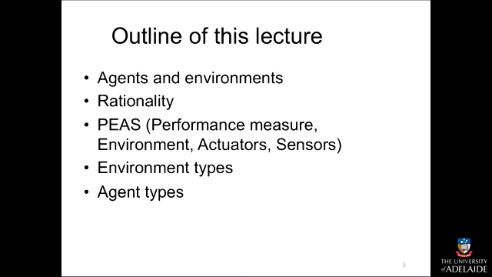Okay, so we're going to talk about agents and their environments, the concept of a rational agent. I already introduced that idea on Monday. Talk about how we specify an agent in terms of performance, environment, its actuators and its sensors, and talk about environment types and types of agents.